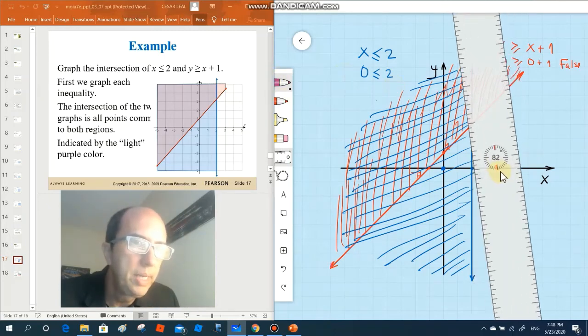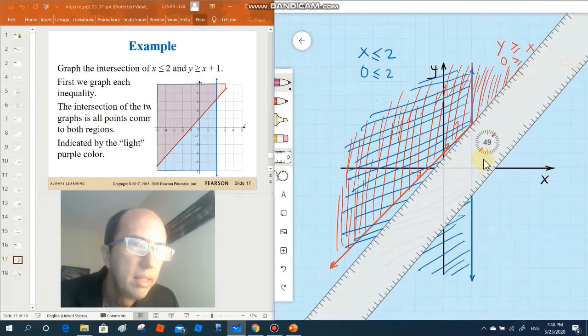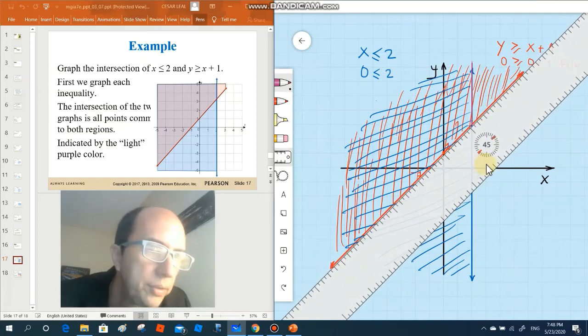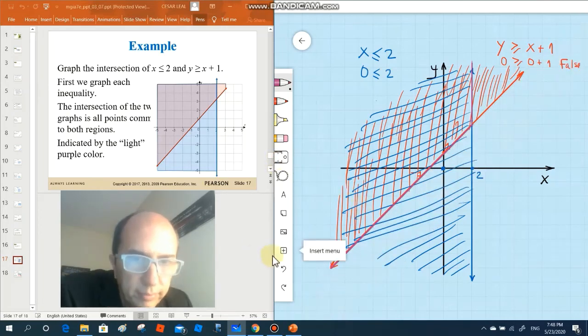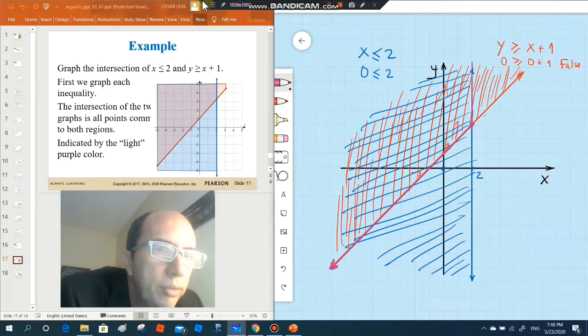And these other segments, from this point of intersection here downwards, is also blue and red. So the boundary of the intersection is going to be this segment of line up to this point, and then this segment of line here all the way to infinity.